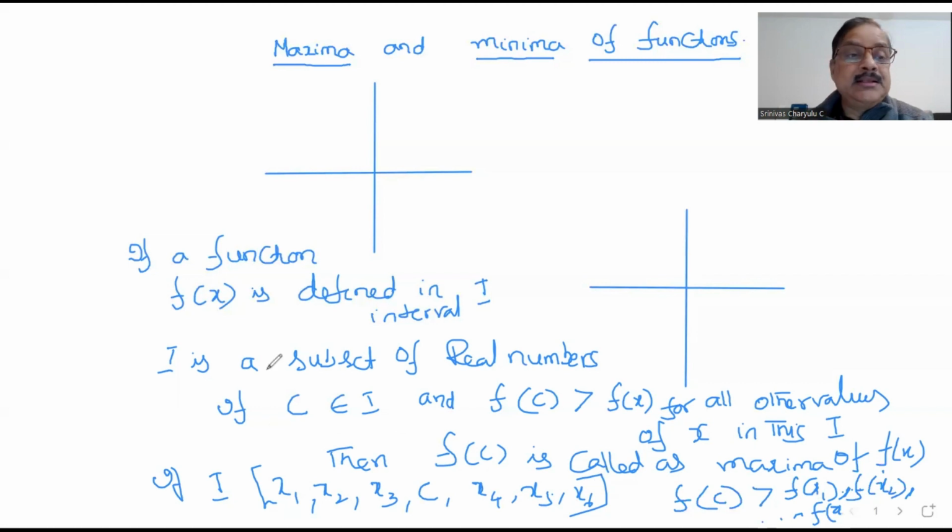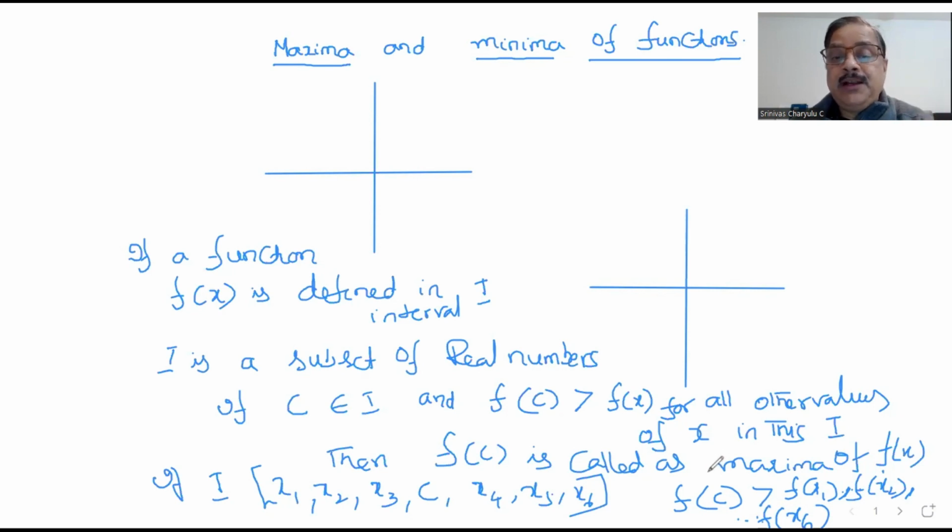So please understand one important point here: f of C is greatest, or greater, a better word. Then f of C is said to be the maximum of that function.